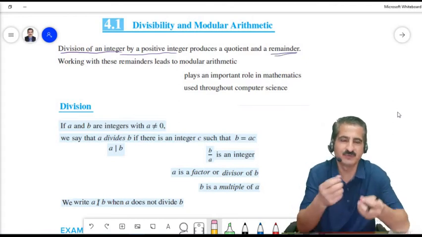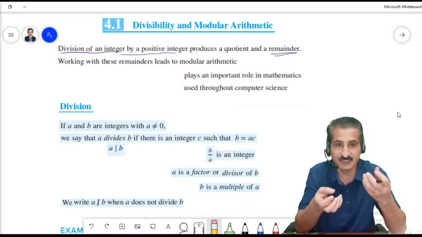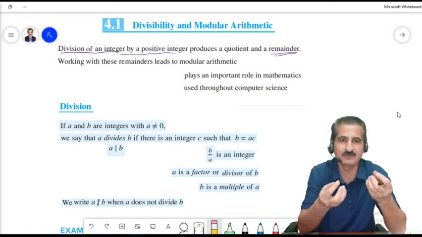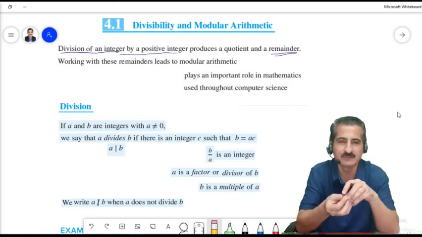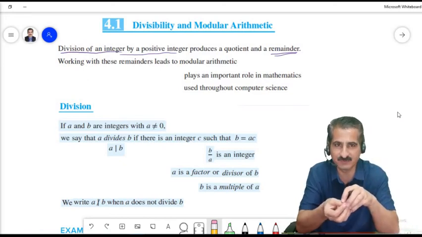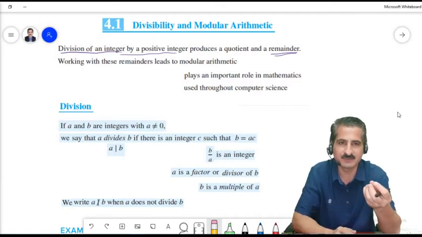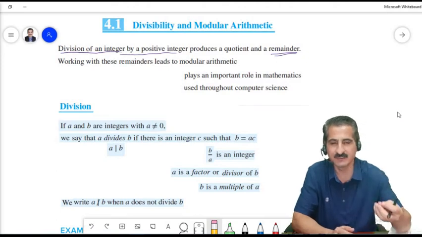If we have an integer, negative or positive, and we want to divide it by a positive integer, then we get a remainder. We are interested in that remainder.